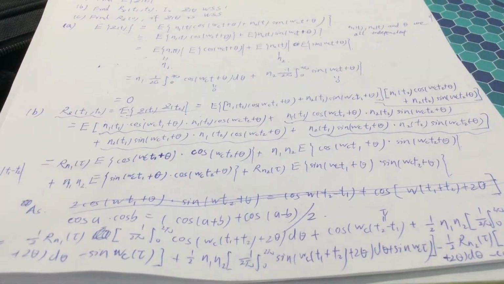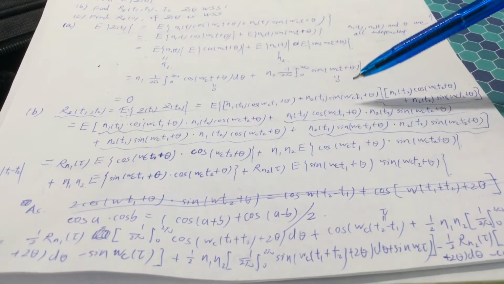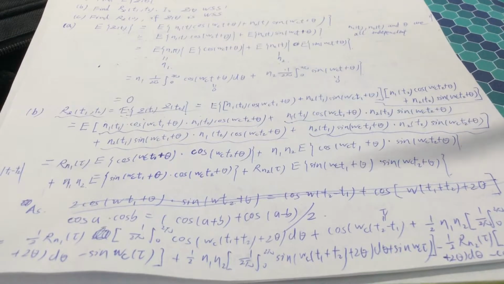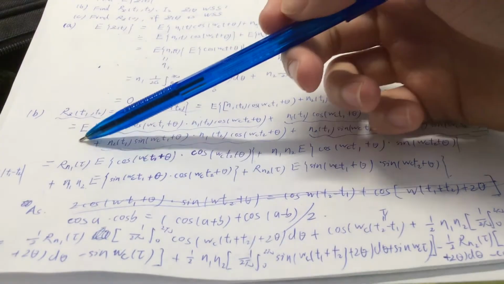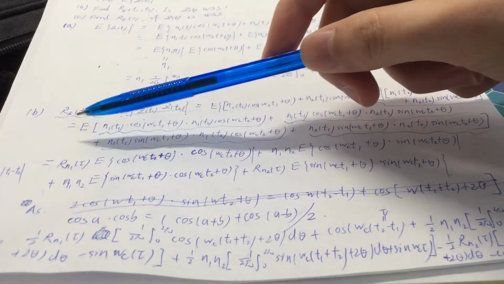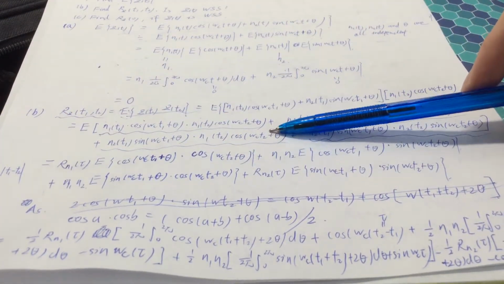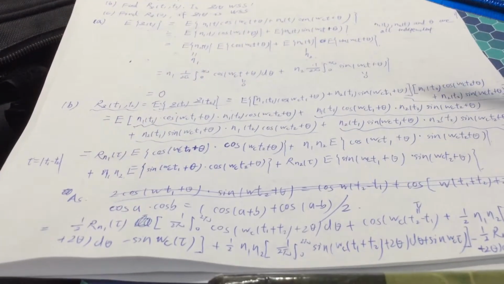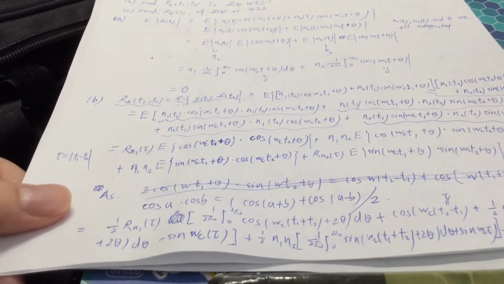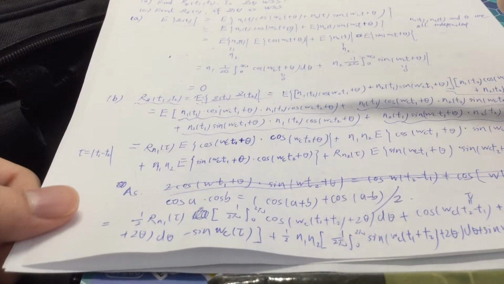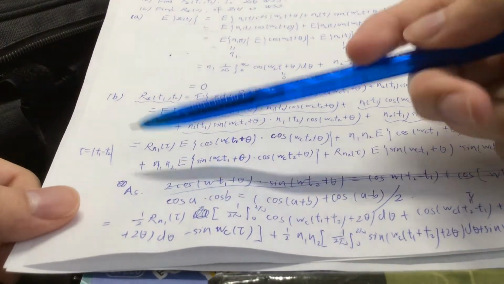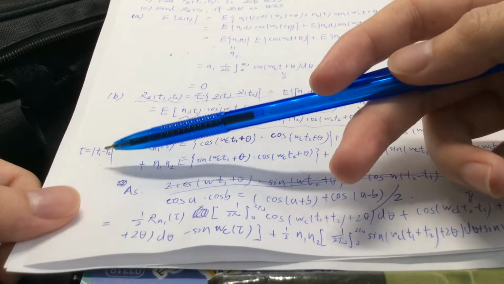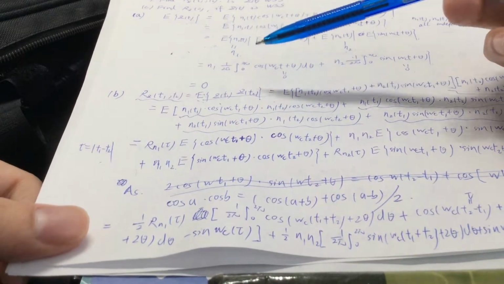Then we can simplify this part. We can multiply each part, and so we can obtain four different terms as at the second and third lines. Then we assume τ is equal to t1 minus t2.